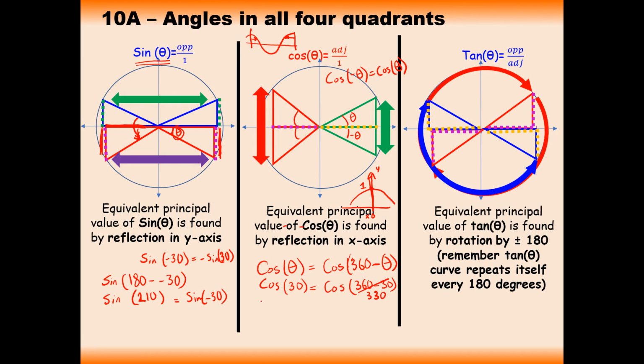If you give me cos of 50, I'll tell you there is another. When you have to find multiple angles, say I find my first angle to be 50 and my range is between 0 and 360, I subtract. That's the same as cos of 360 minus 50, and that angle is therefore 310.